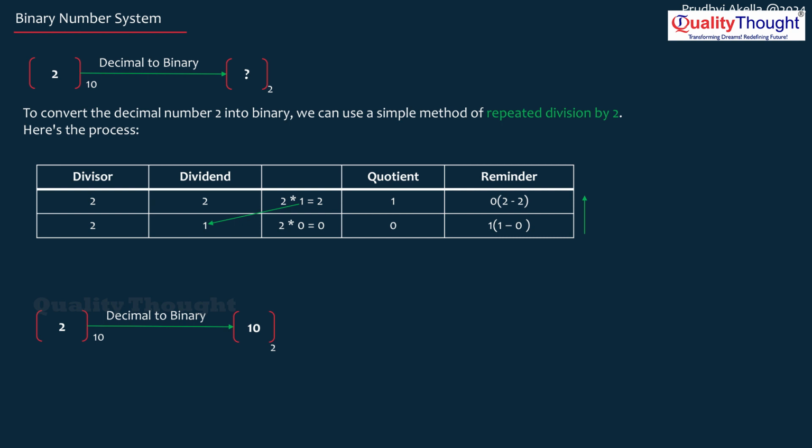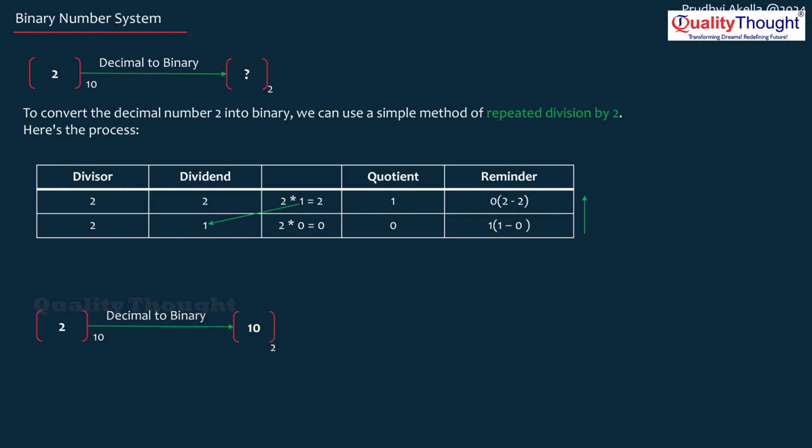We can see that the dividend 1 is less than the divisor, so we multiply the divisor 2 by 0, which is 0. Now the quotient becomes 0 and the remainder becomes 1 minus 0, which is equal to 1.